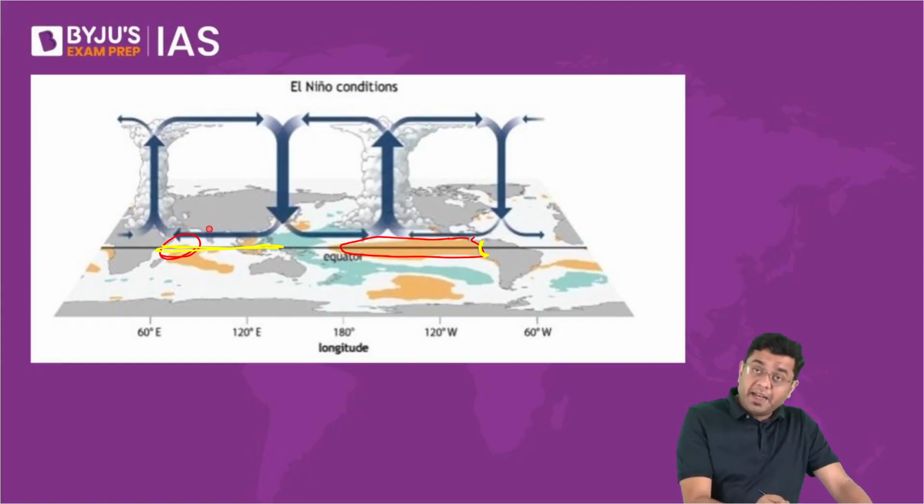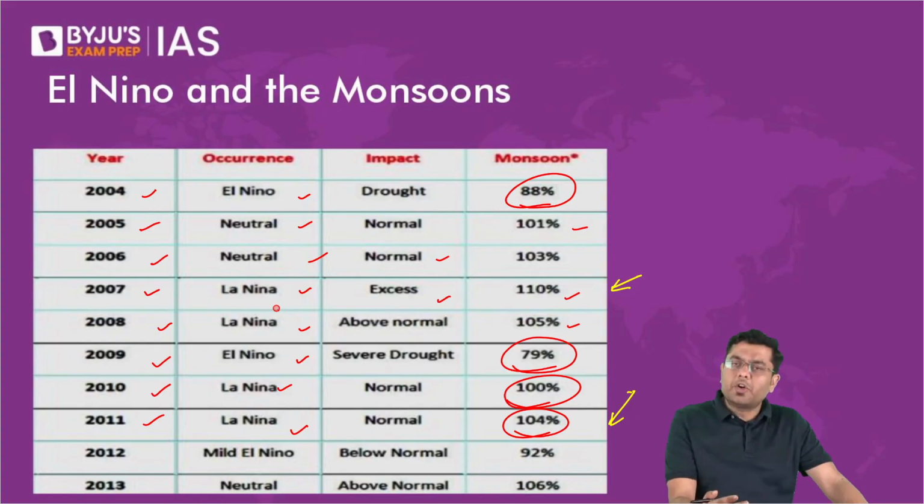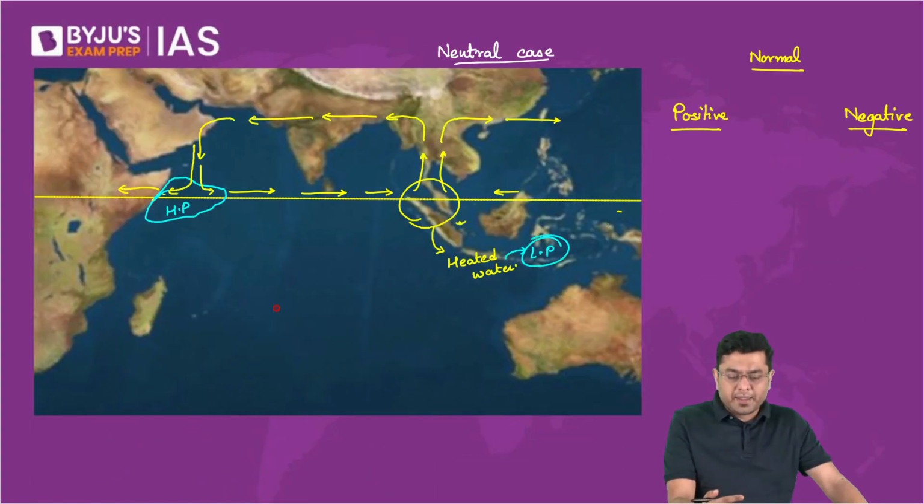But if a negative IOD develops, you will have the simultaneous development of low pressure, so wind will try to rise in this particular portion. So won't it impact the circulation created by El Nino? It will always impact. That is how they can counteract or add to the impact created.